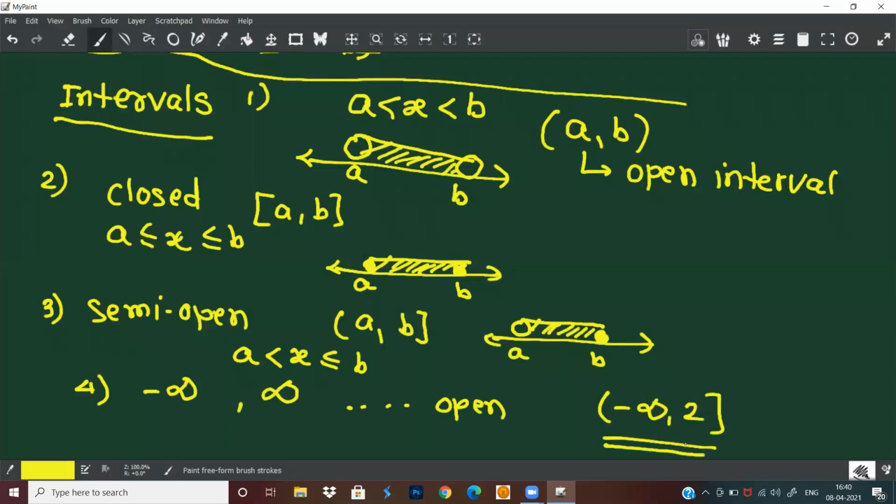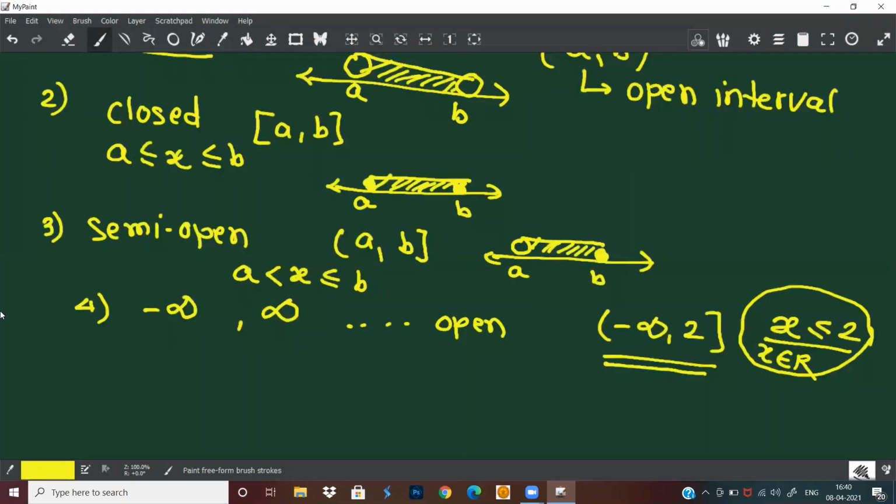Yeah, we can never reach there. ये कैसे लिख सकते हो? ये minus infinity से 2 तक, but 2 is included, so x is less than or equal to 2 and x belongs to R. समझ रहा है ये? It is every real number which is either 2 or less than 2, right? This is what I want to tell you about intervals.